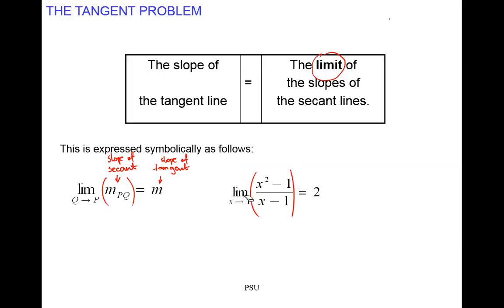And this is just the formula of the slope of the secant line: the x value minus 1, and the y values, because the function is defined as x squared. I can even say 1 squared. x squared minus 1 squared over x minus 1. That means this is simply the y values and the x values.